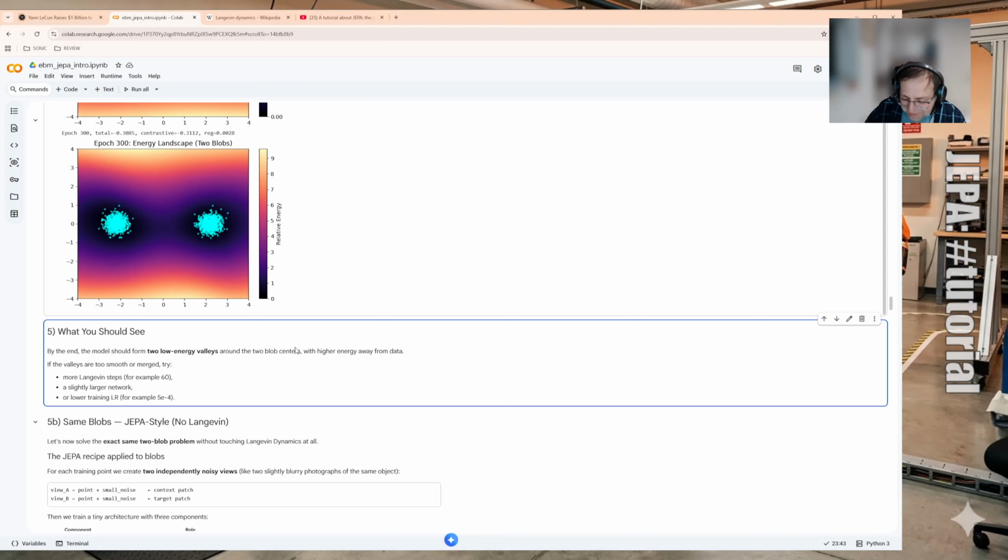You can have an infinite energy function, and so you need some regularization to penalize. Otherwise, these things can go between infinite and minus infinite. And so this is the way you solve this.